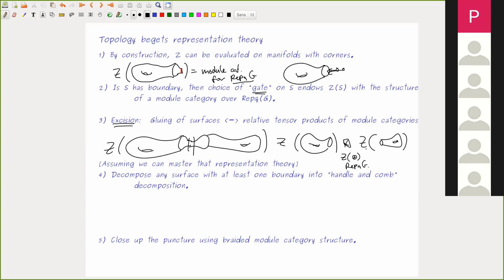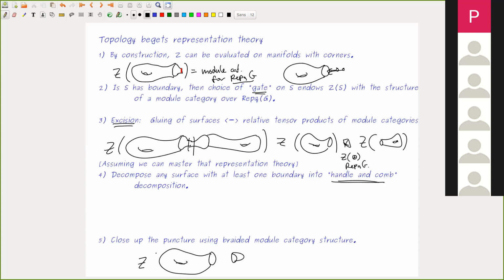I can just keep cutting it up more and more like this. So you can choose your favorite way of decomposing this. For instance, the one that we like to use is called Heegaard or handle decomposition. And then that will get us computing arbitrary punctured surfaces of arbitrary genus. And then for a closed surface, we have to seal up the puncture.